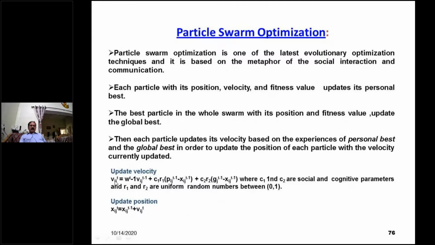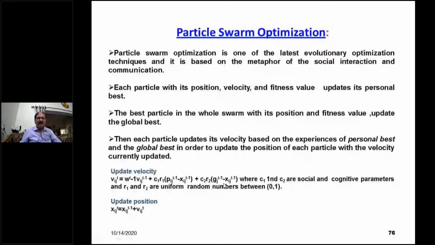So the new velocity in iteration t of the bird i, variable j or the dimension j, equals an inertia factor, that is w(t) multiplied by the previous velocity, plus c1 r1 (p_ij minus x_ij) plus c2 r2 (g_j minus x_ij).